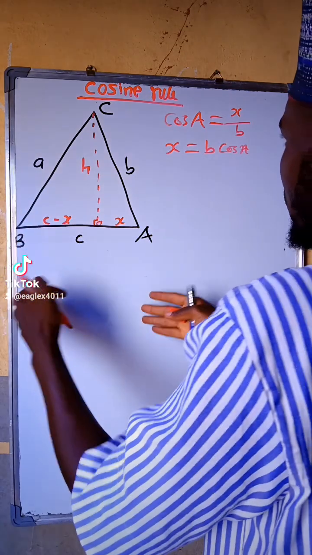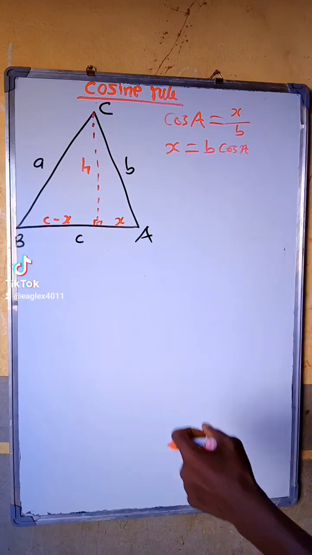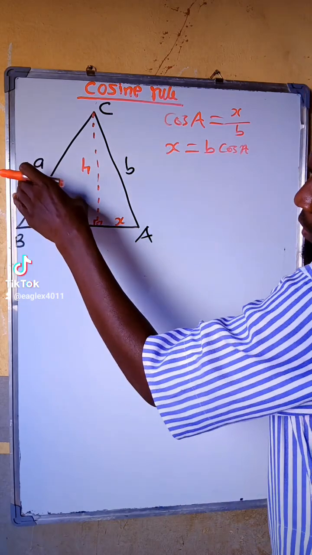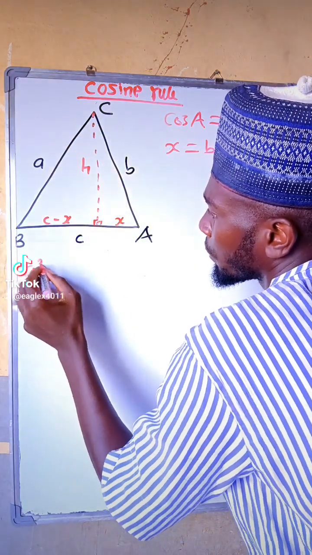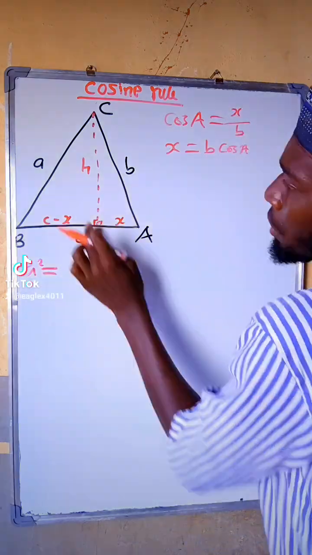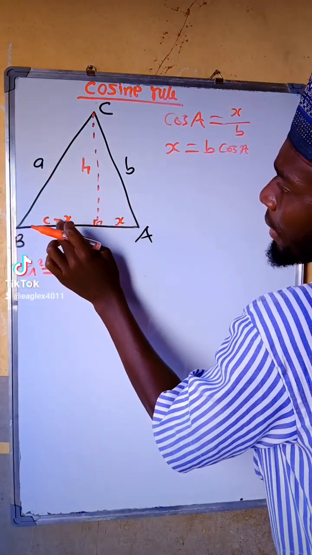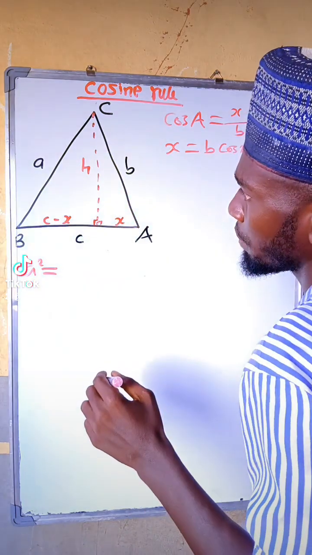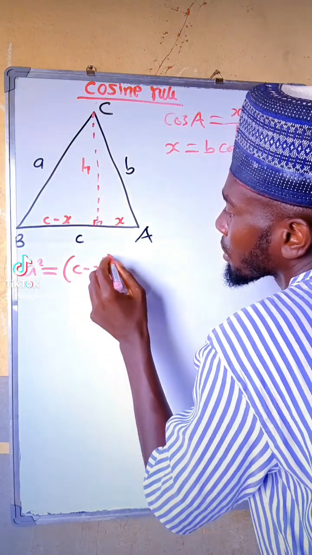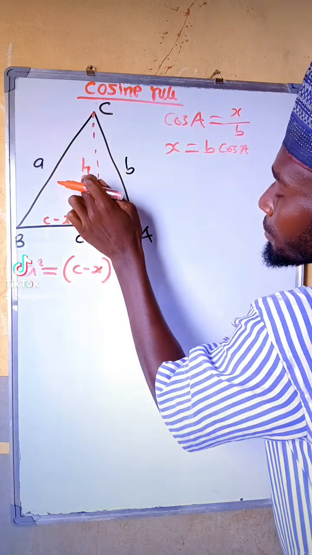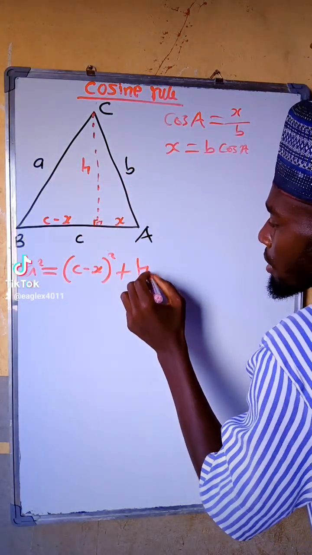Let us come to our triangle here and apply the Pythagoras theorem. Since a is our hypotenuse, we have a square is equal to (c minus x) square plus the other side, which is our height.